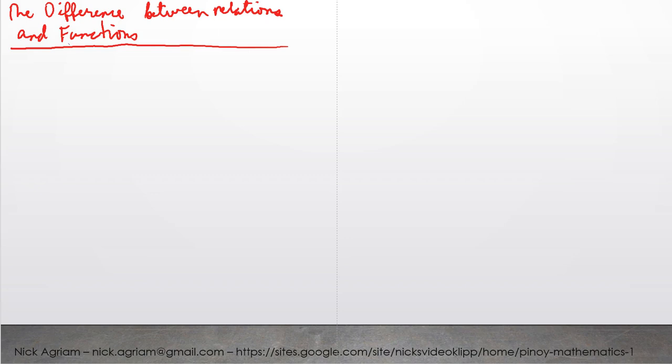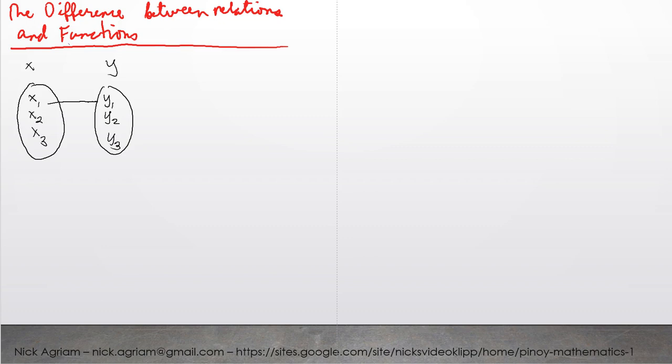For example, we have our x here: x sub 1, x sub 2, x sub 3. And then we have y here: y sub 1, y sub 2, and y sub 3.